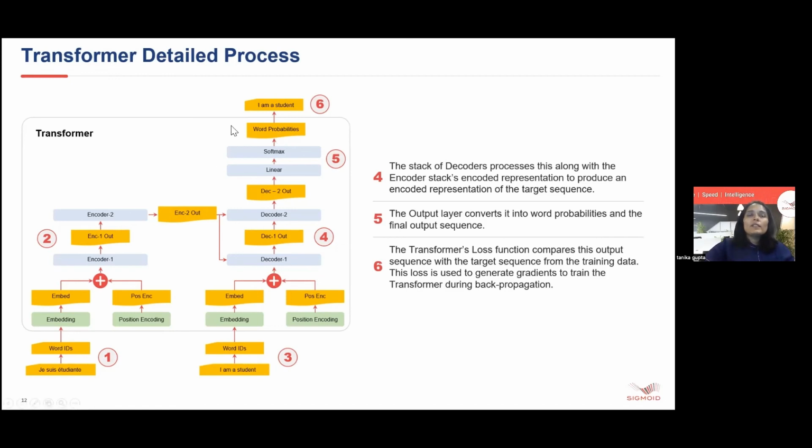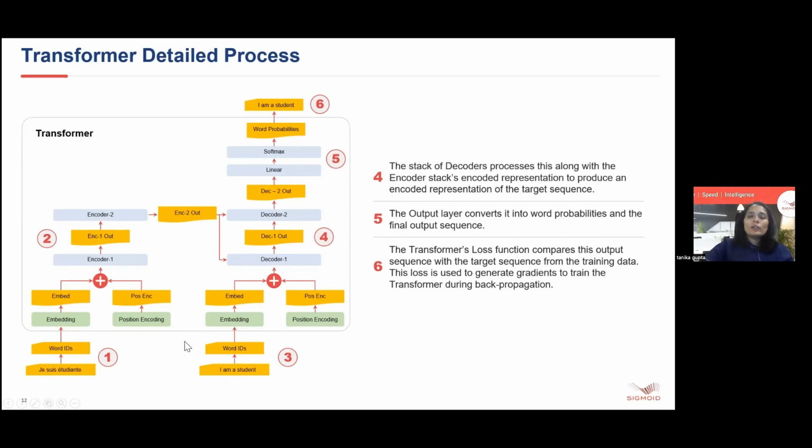Finally, once this is done, we will get one output, which would be the first word, which here, if we give the same input, would be I. Now, as in a loop, the output goes over here and gets appended. In the second iteration, I also becomes an input to the decoder.